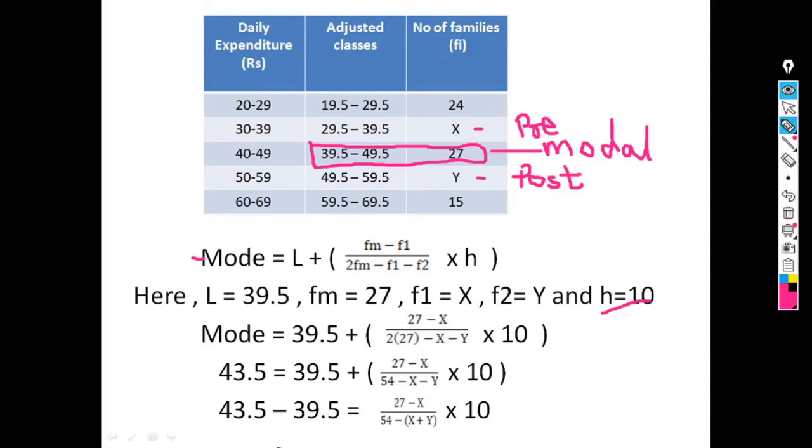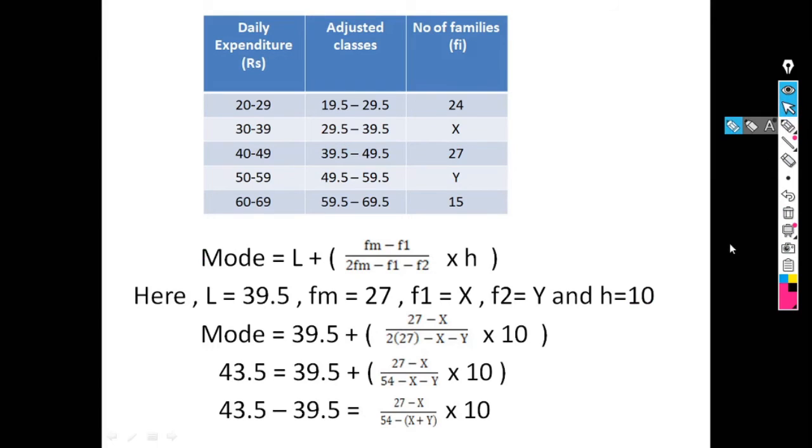Now in the next step we will shift this 39.5 to the left hand side, so it is subtracted from the value of mode. So 43.5 minus 39.5 is equal to 27 minus x divided by 2 into 27, which is 54. Just take the minus sign outside the bracket, so minus (x plus y) into 10. 10 is the class width.